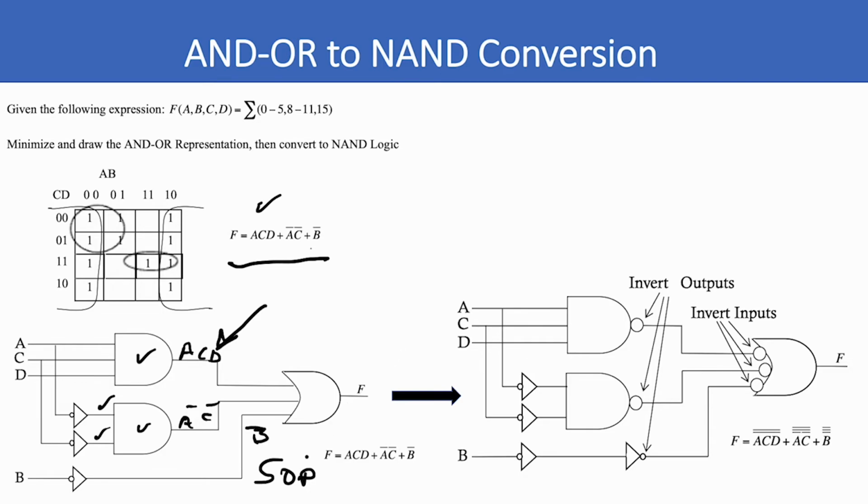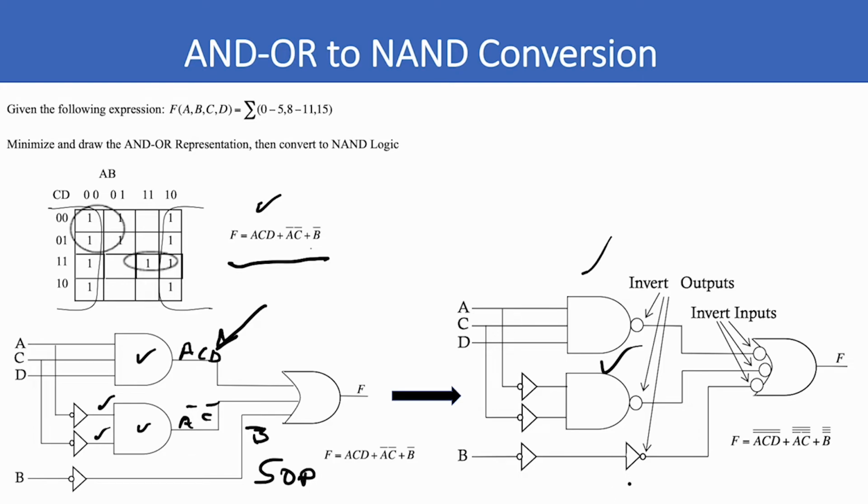Okay, this is an SOP form. How do we convert this to bubble to bubble? Well, it's easy on the AND gates right here. We just put a bubble on this AND gate and it becomes a NAND gate. Well, on the third input there's no NAND gate. But the rule says you have to invert everything on the first level, so we have to add another inverter in here.